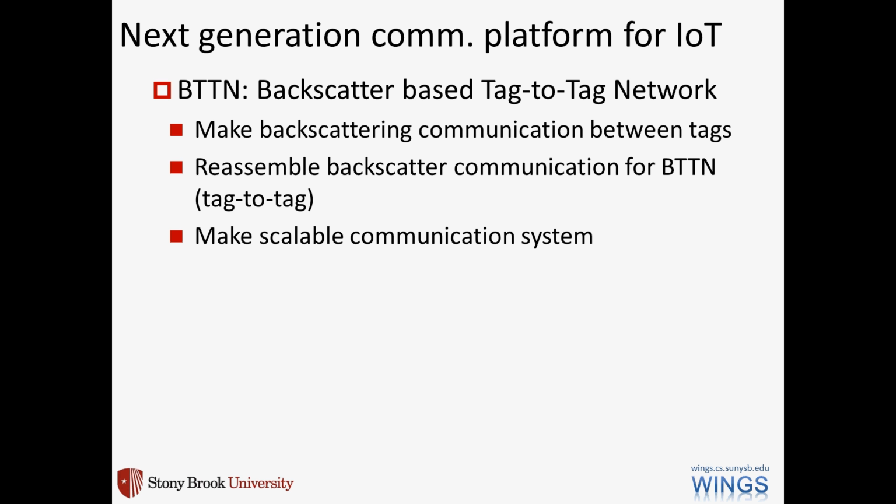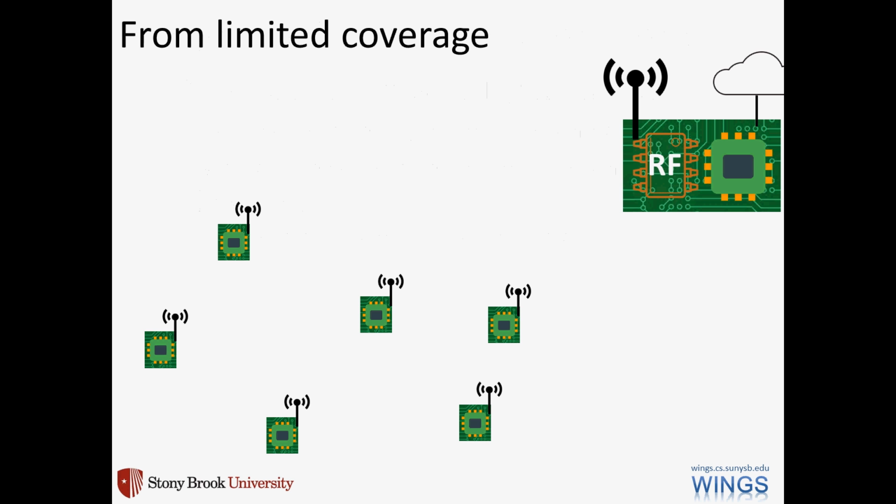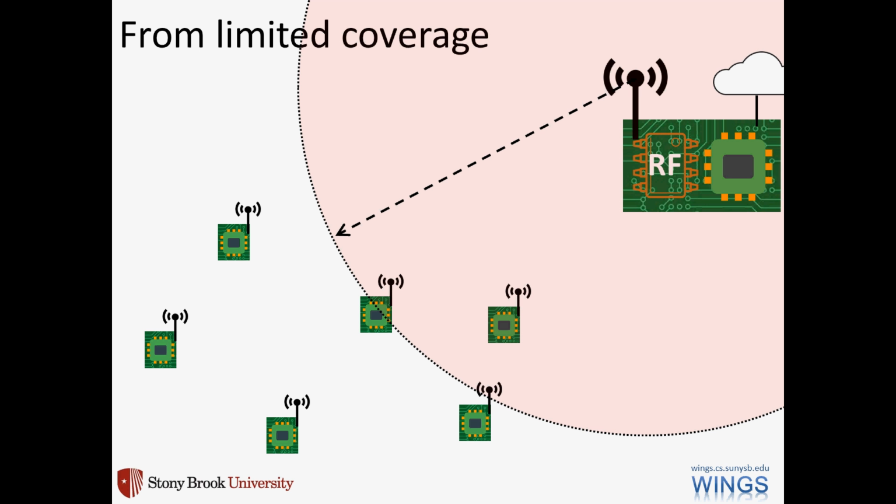We make backscattering communication between tags, and we reassembled the backscatter communication for Button, tag to tag. We make a scalable communication system. In RFID, the communication link is limited by the reader-to-tag link.